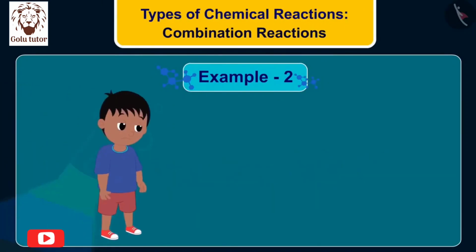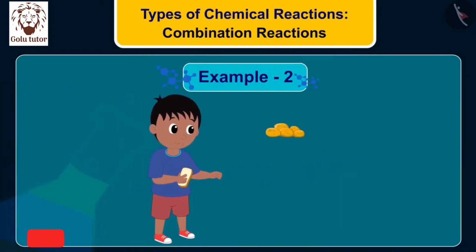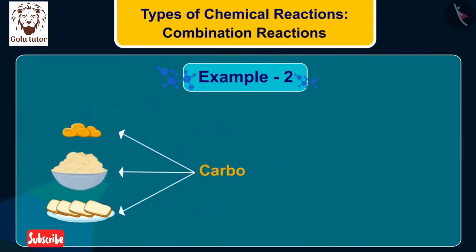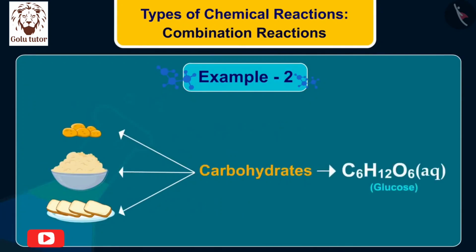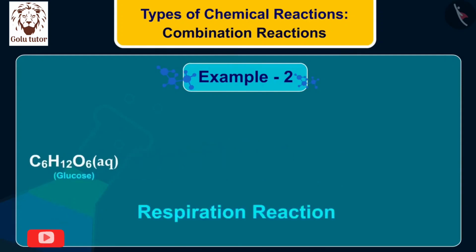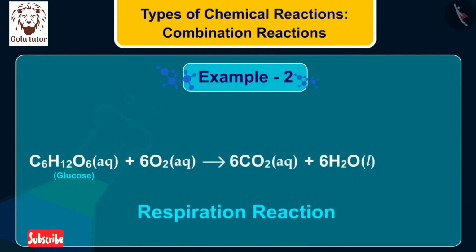The food we consume like potatoes, rice, bread, etc. contains carbohydrates, and these carbohydrates are broken down to form glucose, which is further broken down to simple substances like carbon dioxide and water, releasing a large amount of energy.